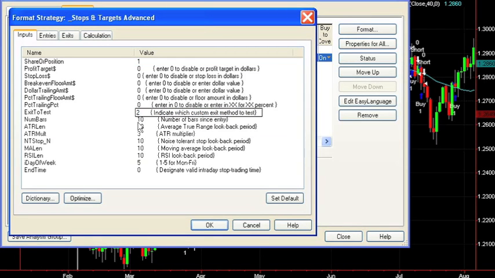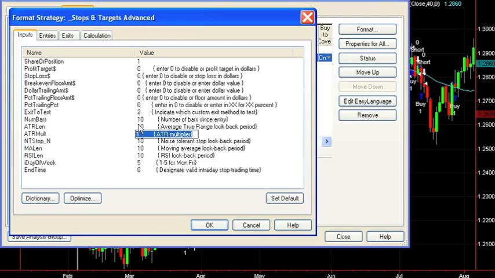Let's move to test exit number 2. Number 2 is going to be simply a hard stop, but unlike our hard stop loss up here, this one's going to be based on a simple average true range calculation. We'll use a 10 period look back with a multiple of 1, because actually I don't think a 3 will work for this system.